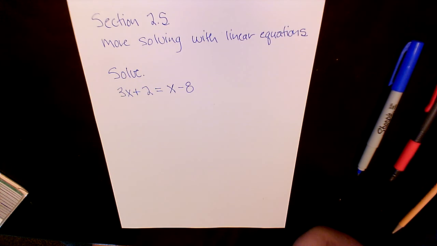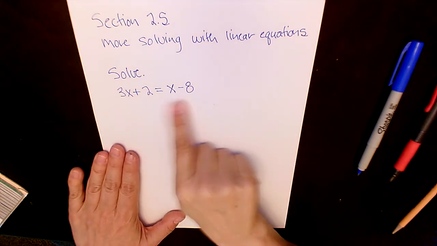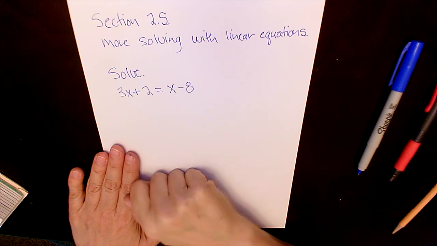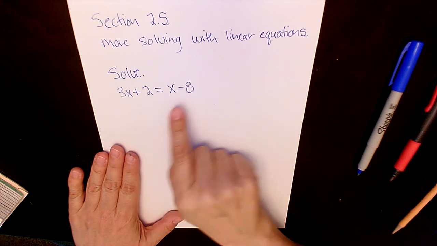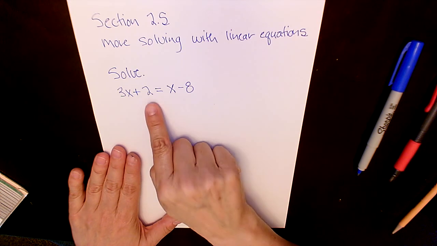Well, we're going to keep the same step 2, and we're going to do that twice. So we're going to see if we can combine any like terms. We don't have any. We're going to add and subtract, and I like to start with the numbers.